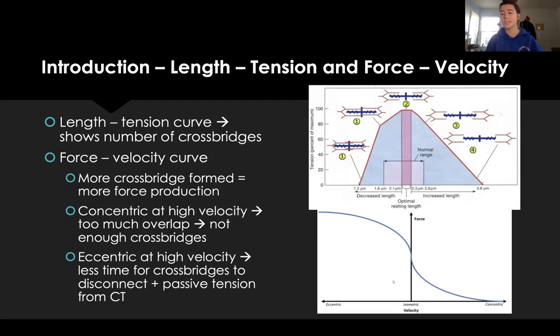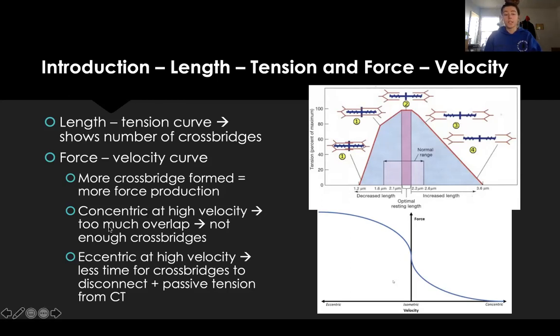That's essentially the same thing with the sarcomere. The little actins and myosins are like the tips of their fingers, so they can't grab on as strongly as they could right here at the optimum, perfect length. More cross bridges is more force production.